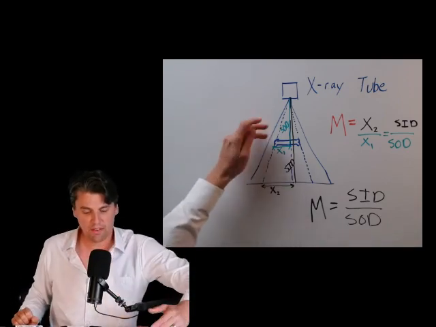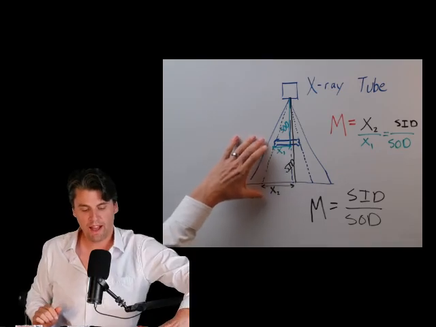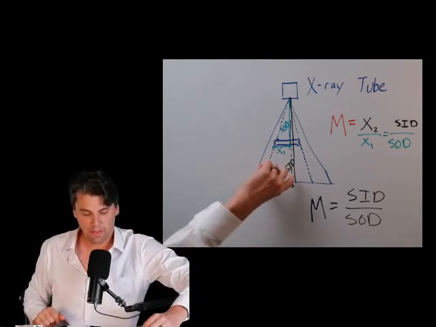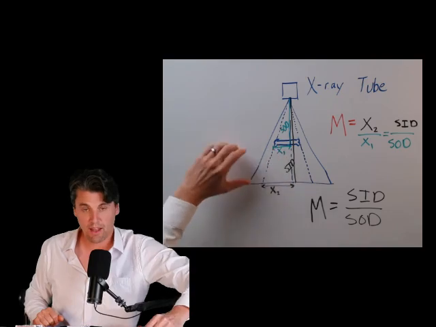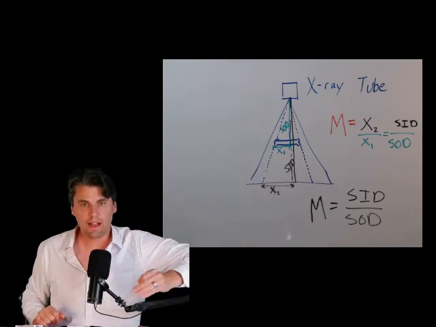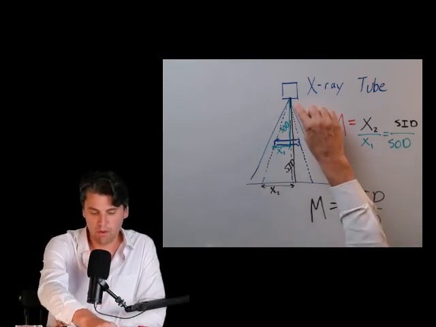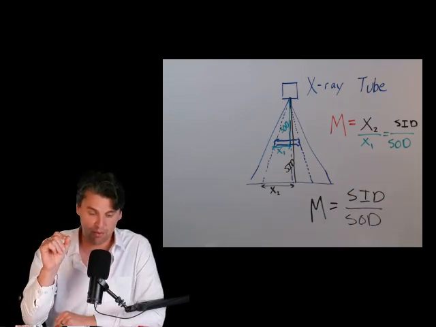Then how does this actually affect your image? When you are having changes in the magnification, this will lead to the object projecting to a larger size on the detector. A lot of times for standard radiography, we want to have the focal spot project into a small size.